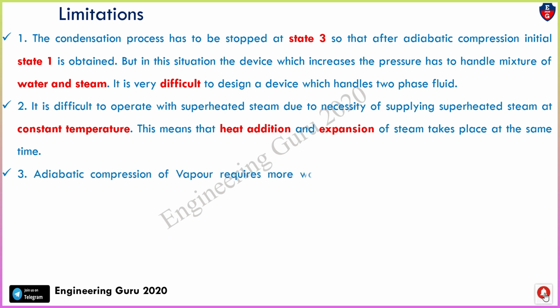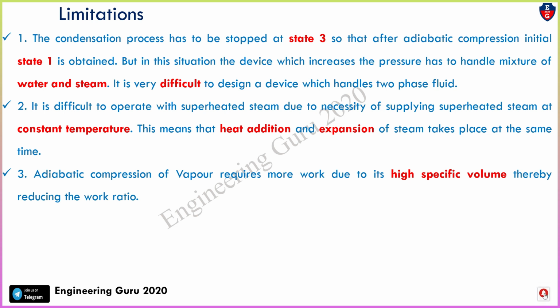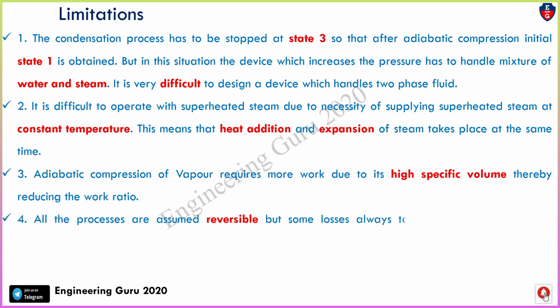Third one, adiabatic compression of vapour requires more work due to its high specific volume, thereby reducing the work ratio. And fourth one, all the processes are assumed reversible, but some losses always take place. So this reduces the efficiency of the Carnot cycle. So these are the limitations of this vapour Carnot cycle.